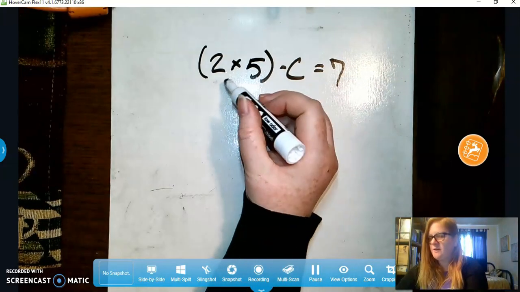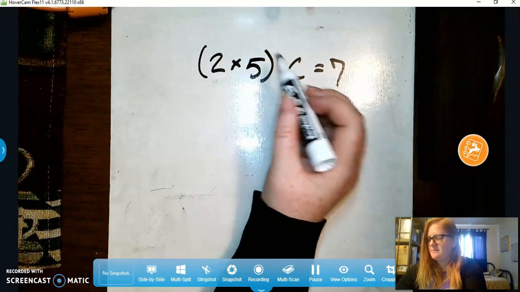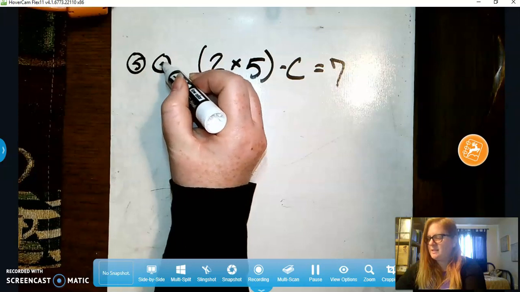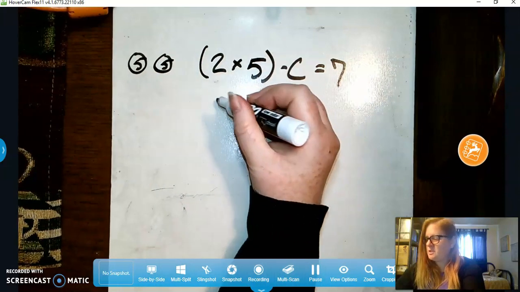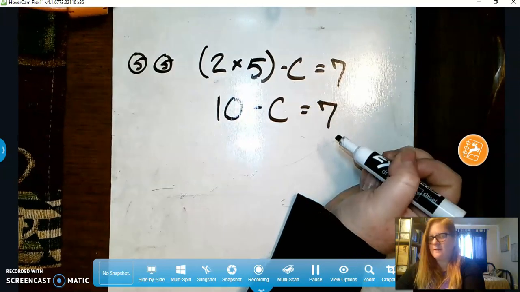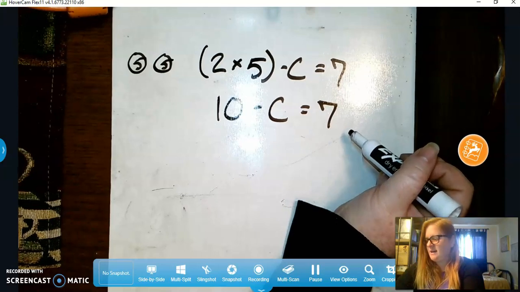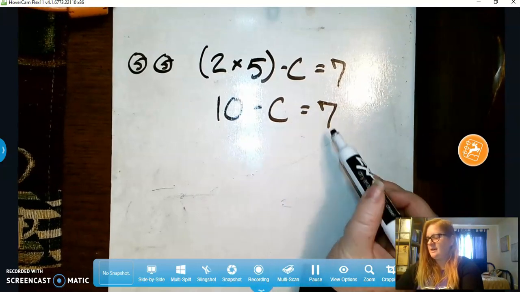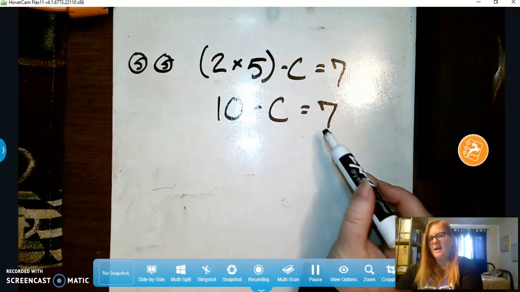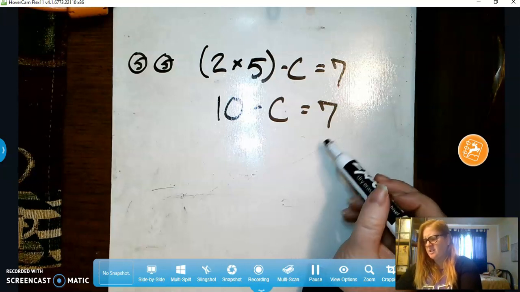Okay, so the very first thing I do is 2 times 5 because it's the one in parentheses. 2 times 5, so 2 groups of 5 would basically just be 5 plus 5, which is 10. Minus C equals 7. Okay, so how many did he eat in order to have 7 left? So I can count down and see where I had 10. How many did I eat to get to 7? Which is one way to do it.